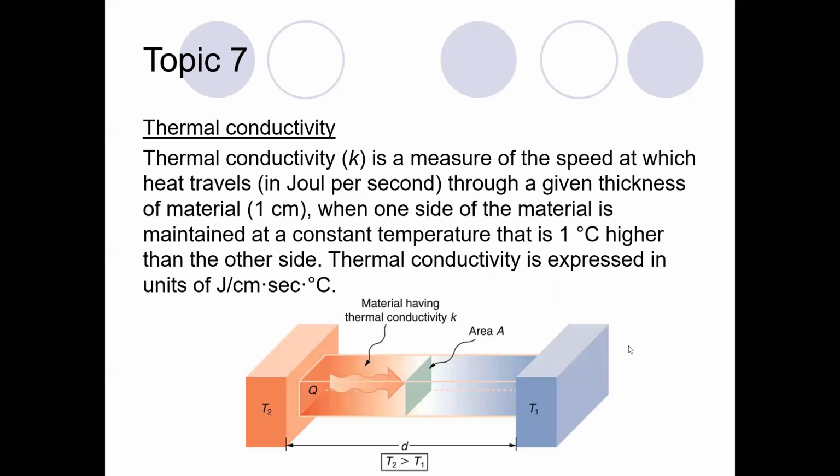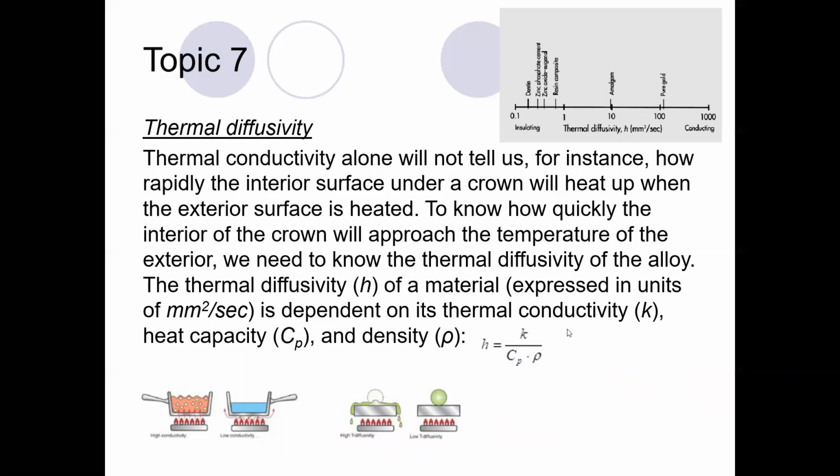Thermal conductivity is the speed of propagation. It gives us information about how many watts propagate between a body with temperature T2 and temperature T1 at the distance d. So, how quickly.